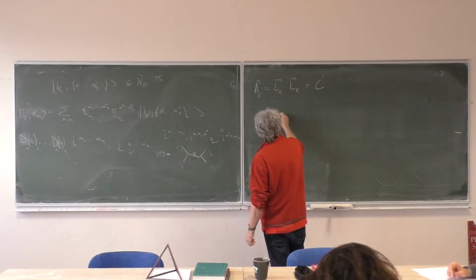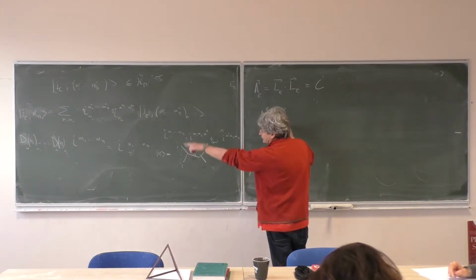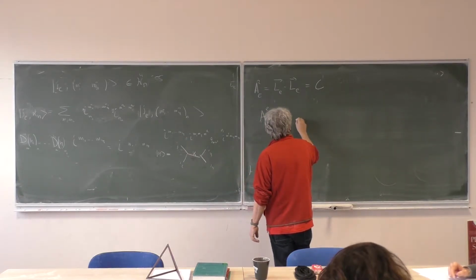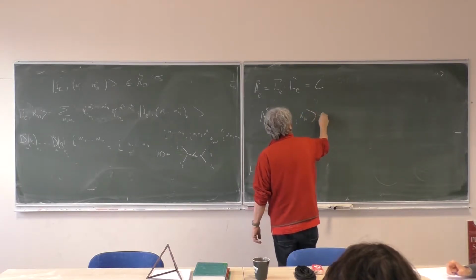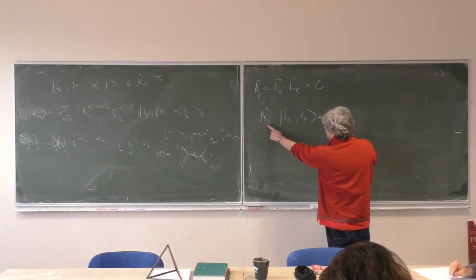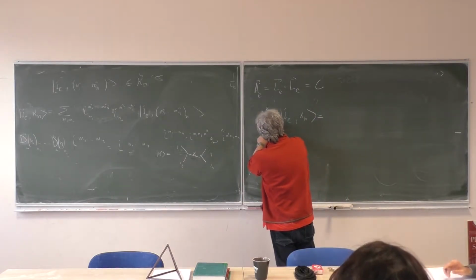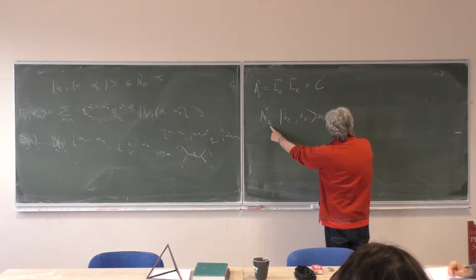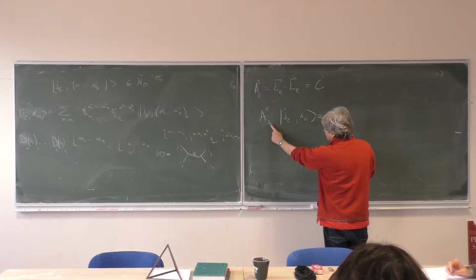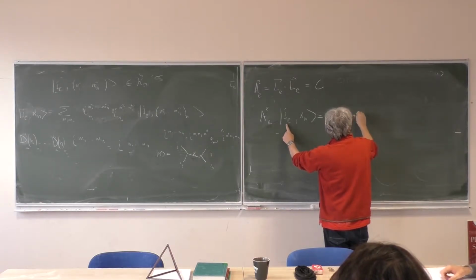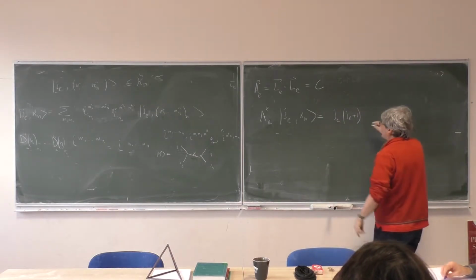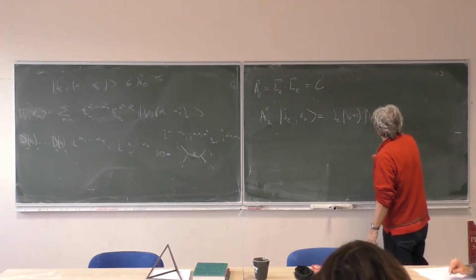So L square acting on the states I have constructed, J L, K N, gives J L, this is one particular link. It reads the value of that particular link, J L (J L plus 1), times the state itself.